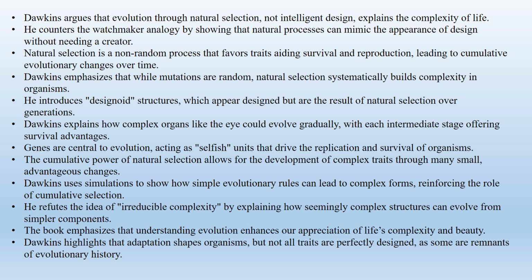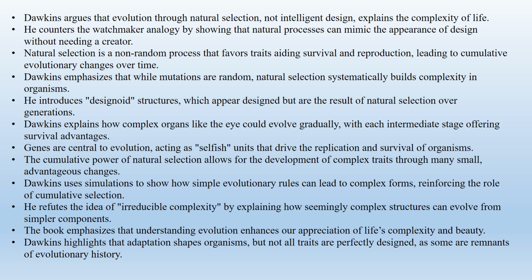Dawkins also critiques the notion of irreducible complexity, a concept popularized by intelligent design proponents, who argue that certain biological structures are too complex to have evolved because they would not function if any part were removed. He counters this by showing that what may appear irreducibly complex at first glance can often be broken down into simpler, functional components that could have evolved gradually.